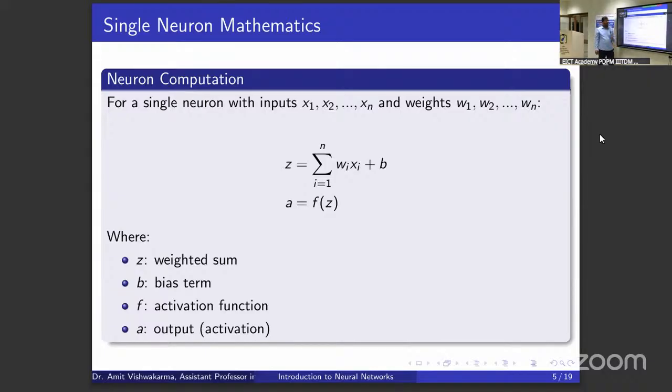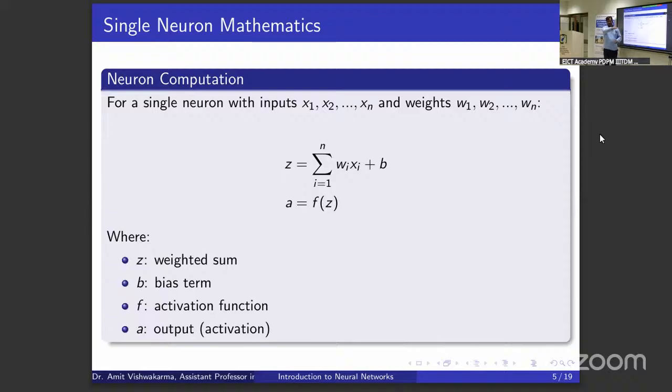Using z, only a linear separation boundary is designed, but using this activation function f, we apply f onto z and we will get a, which brings the non-linear property. Z is nothing but a plane.